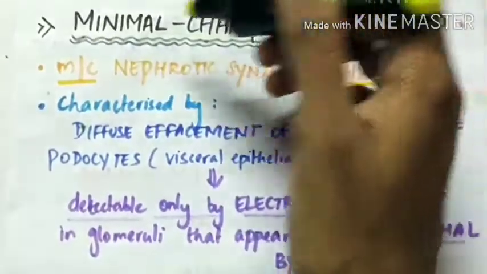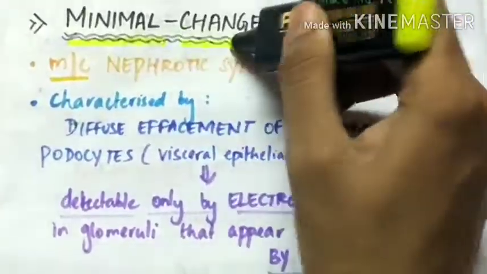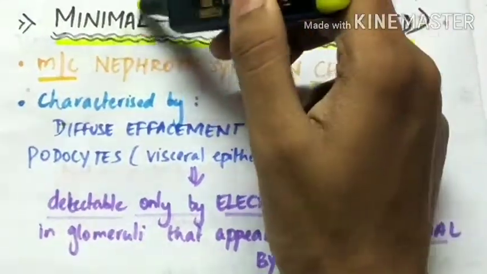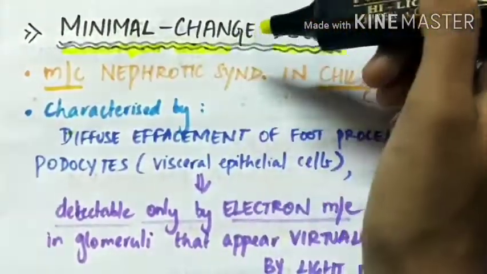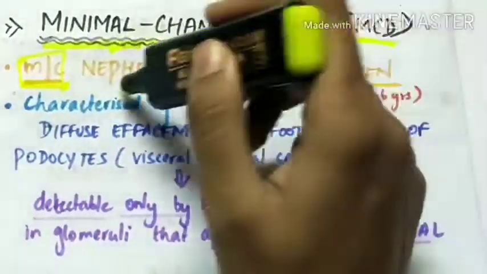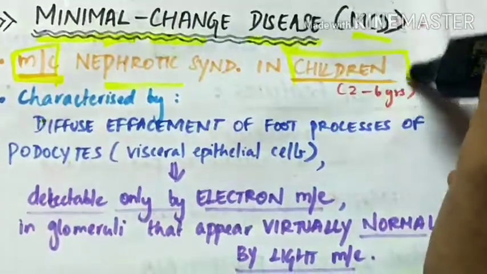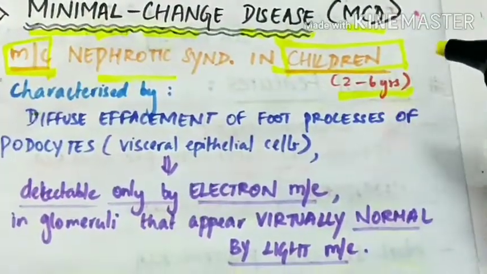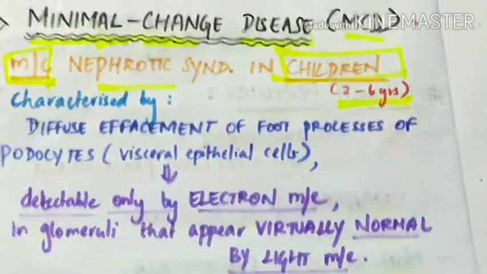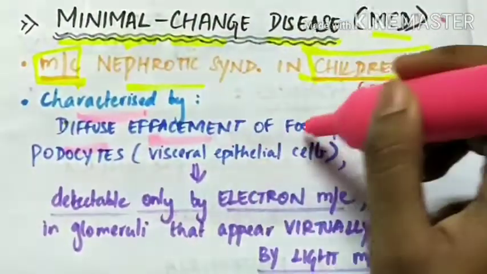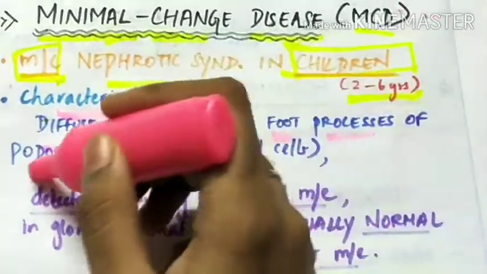The next nephrotic syndrome is minimal change disease. As the name suggests, there is only minimal change present in the glomerulus. It is the most common nephrotic syndrome in children of age group 2 to 6 years. This is characterized by diffuse effacement of foot processes of podocytes.